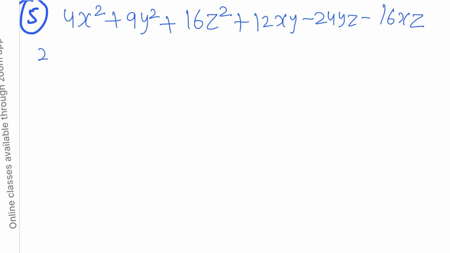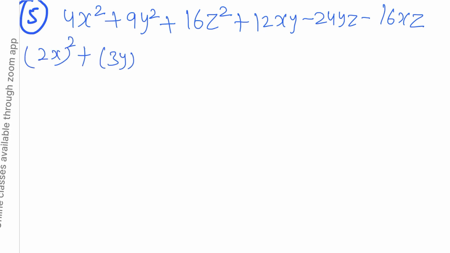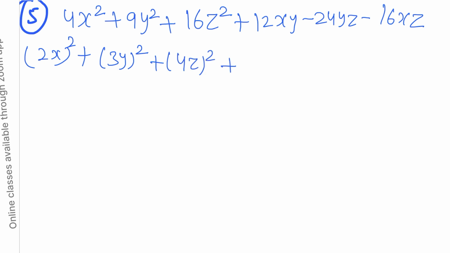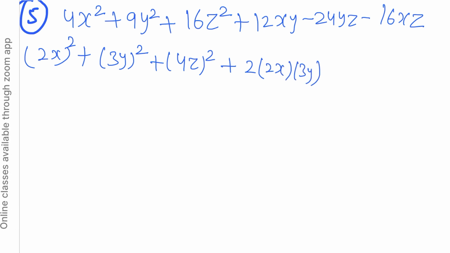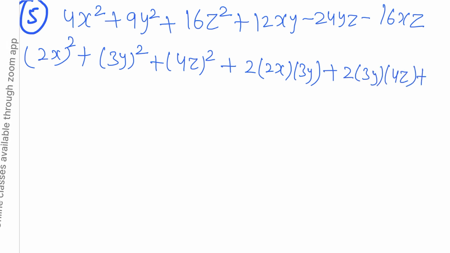So we can write this as (2x) whole square + (3y) whole square + (4z) whole square, plus we have to make it as 2ab, so 2 into 2x into 3y, plus 2bc, so 2 into 3y into 4z, plus 2ca, so 2 into 4z into 2x.